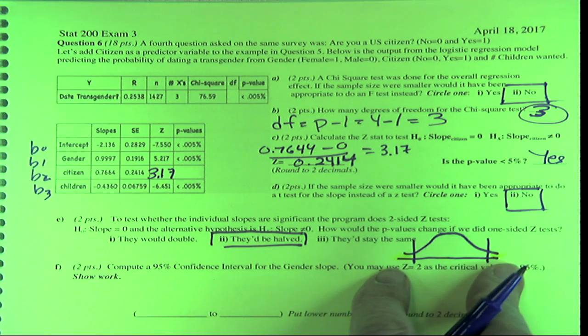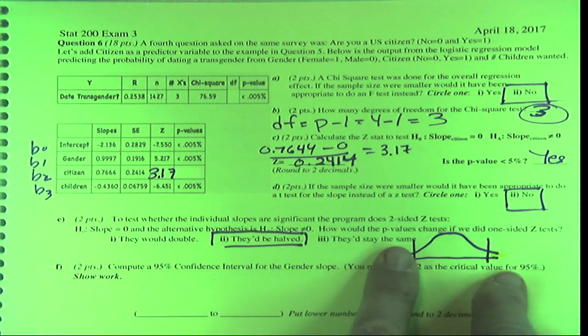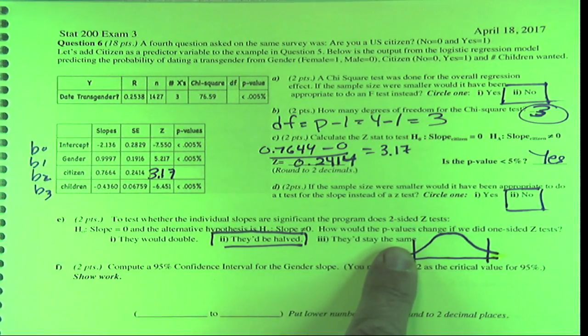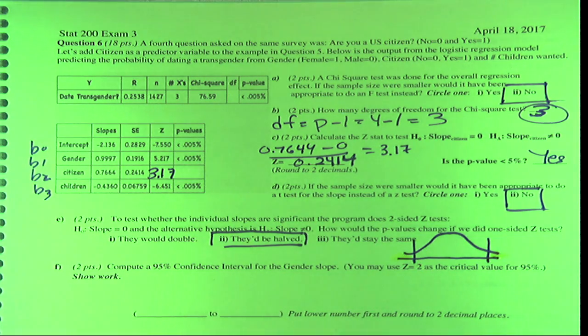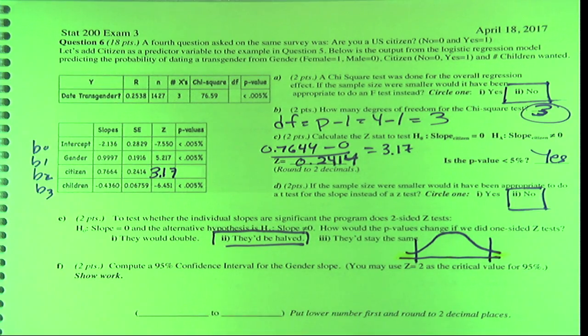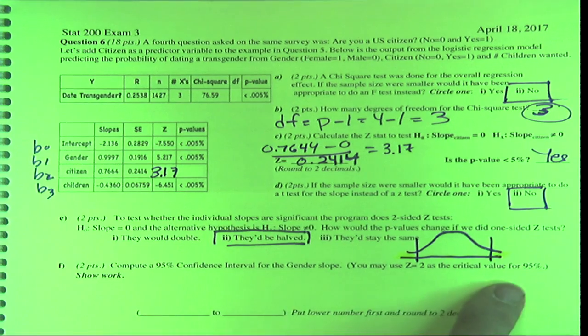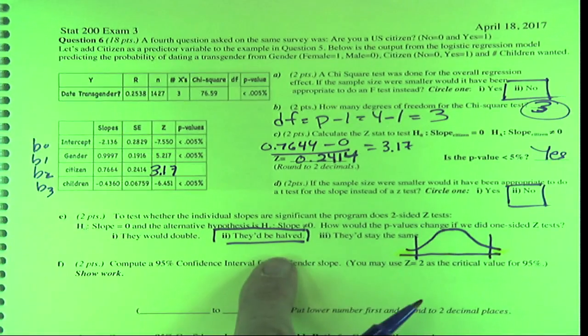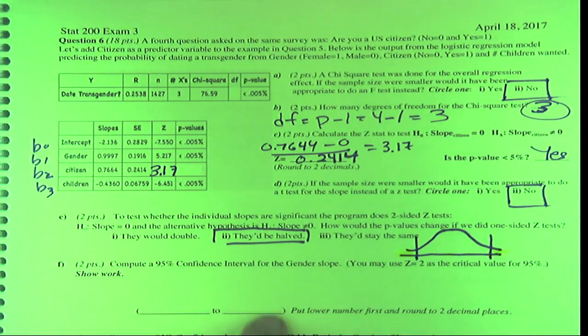They feel like, hey, you really didn't know ahead of time. You looked. Now you're going to make your p-value half as small so you can get published. Well, we're not going to let you do that. And that's why all the programs want to do the 2-sided, just because they don't trust people who are politically motivated. I mean, not always, but that's pretty much why. Because you get smaller p-values with 1-sided.